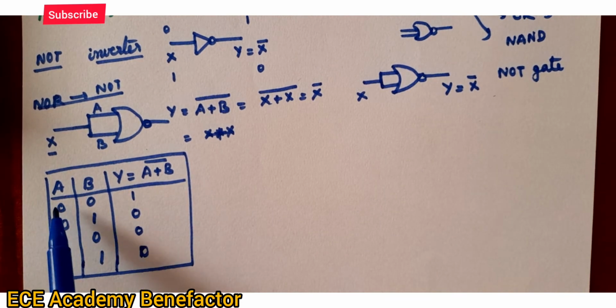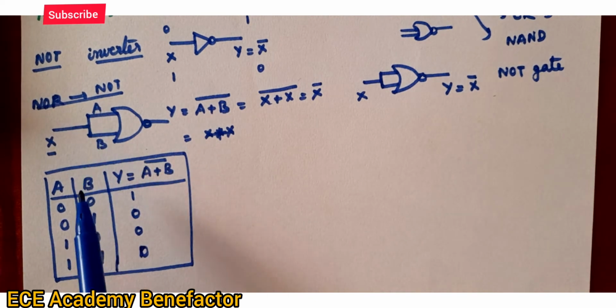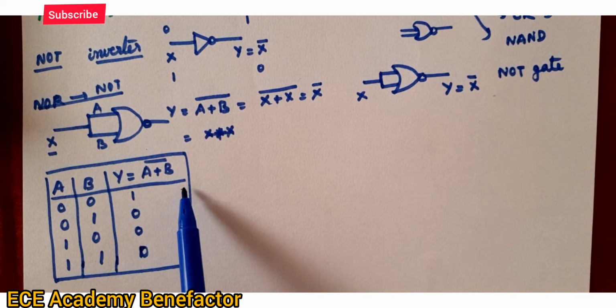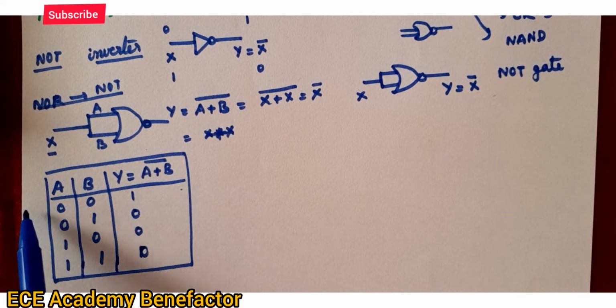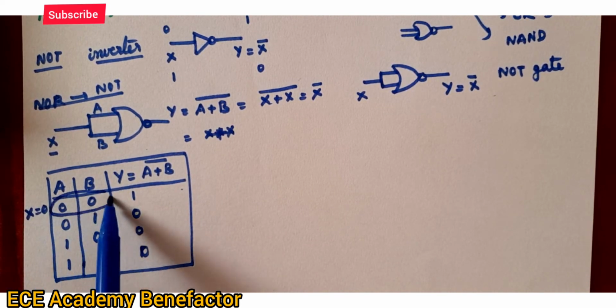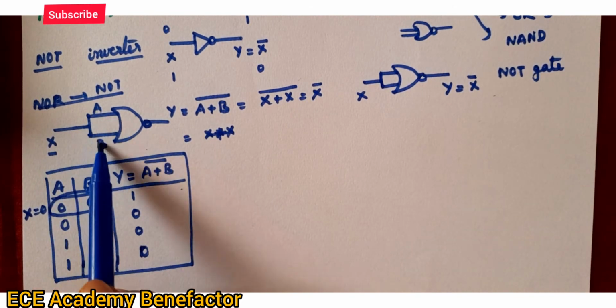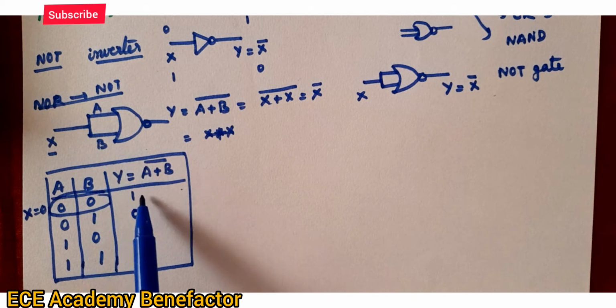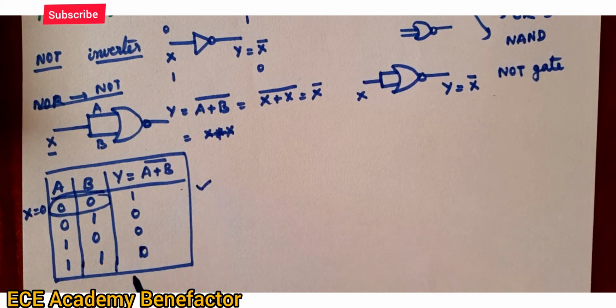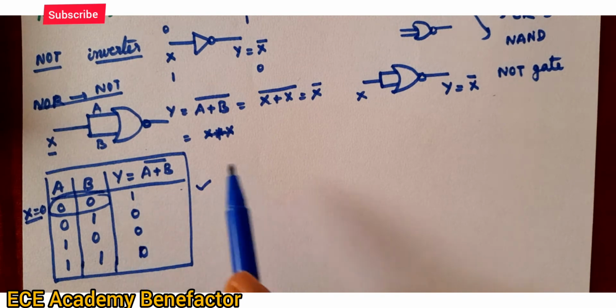So when both are combined, now you are giving 0 0. So what is the output? You are getting x is equal to 0. So when x is 0, both A and B are getting 0 0. So what is the output? As 1. So when the input is 0, the output is coming as 1.